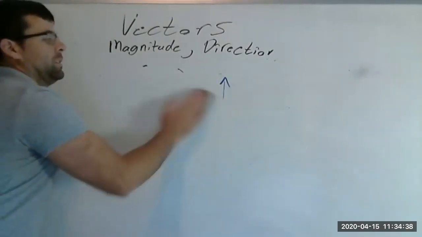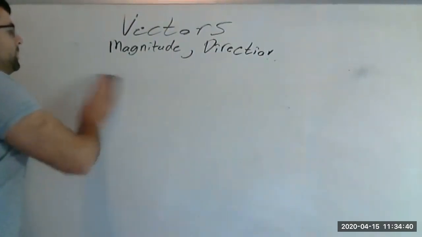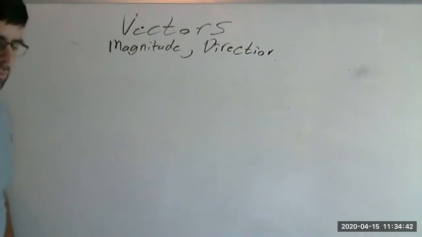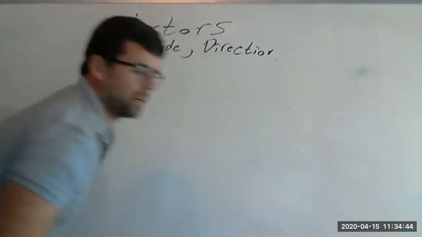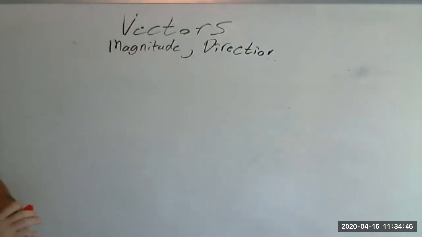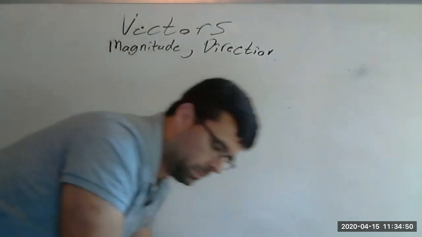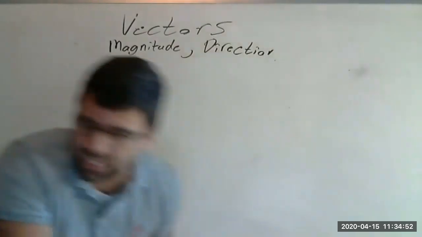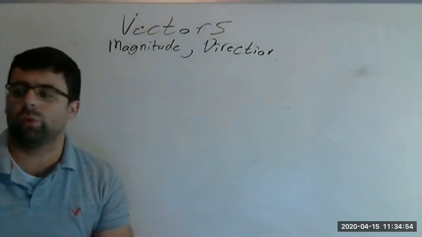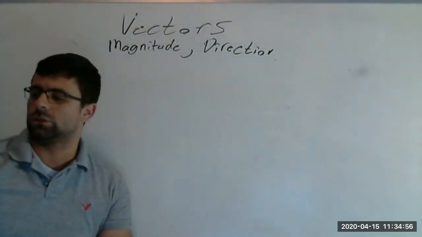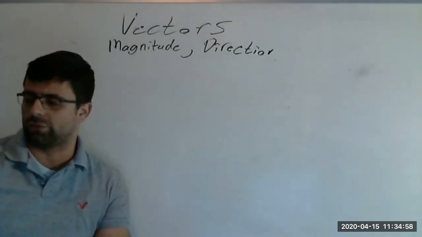Well, comparing them is, like I said, pretty simple. But like every other mathematical object, once you've figured out how to compare them, what is the next thing that we pretty much always figure out how to do with vectors?